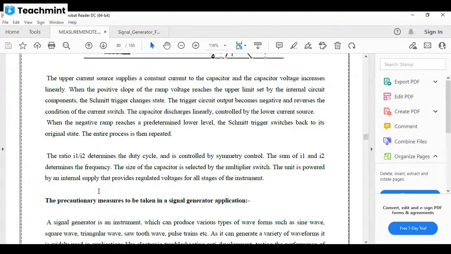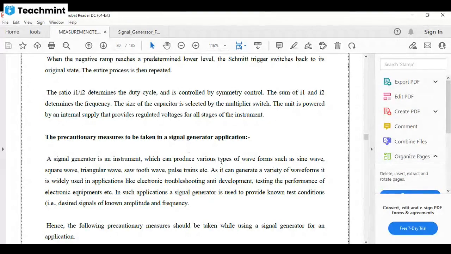Signal generator application. The signal generator produces waveforms such as sine wave, square wave, triangle wave, sawtooth wave, pulse train, etc. It can generate a variety of waveforms.